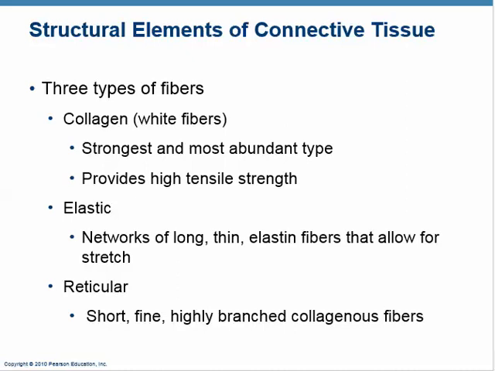The third type of fiber are very thin, fine, short fibers that make up networks. They're called reticular fibers because reticular means net-like. So there are all these types of fibers found in connective tissue. Which one predominates and what the ground substance is made of dictate what's going on.